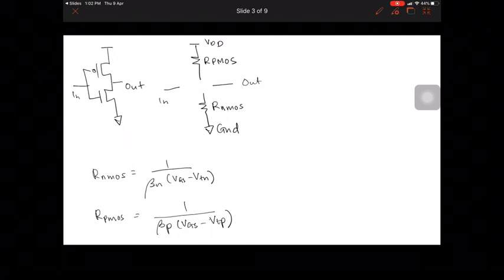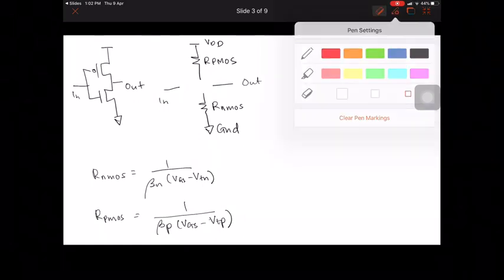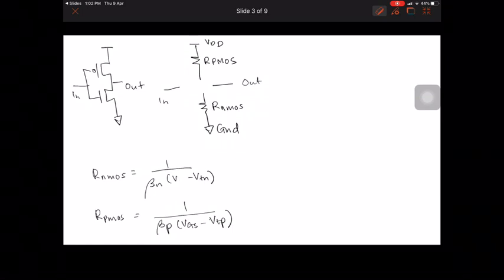In this case, because this is connected to VDD, we replace VGS with VDD.